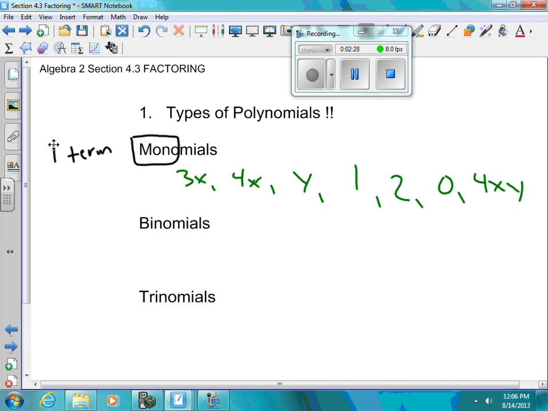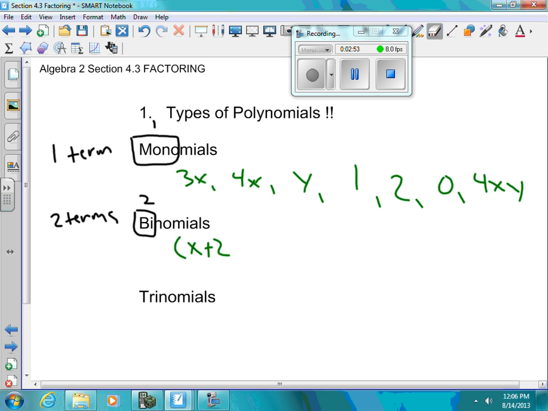So, a polynomial with 2 terms is called a binomial. The prefix bi means 2. So monomial is 1, binomial 2. Examples of binomials: x plus 2 is a binomial. It doesn't have to be in parentheses, so drop the parentheses.